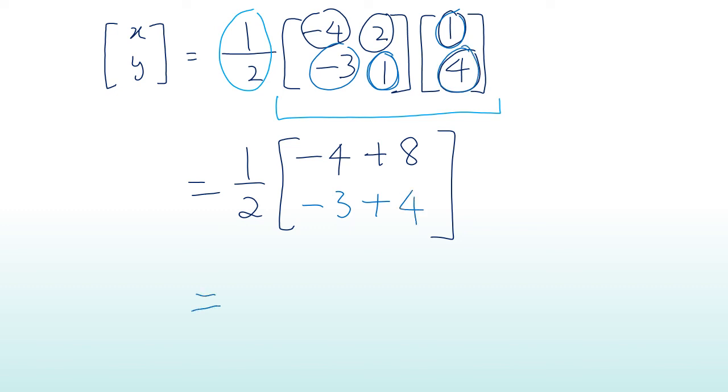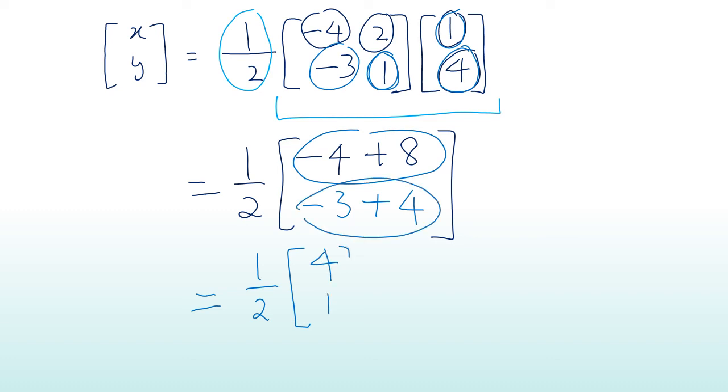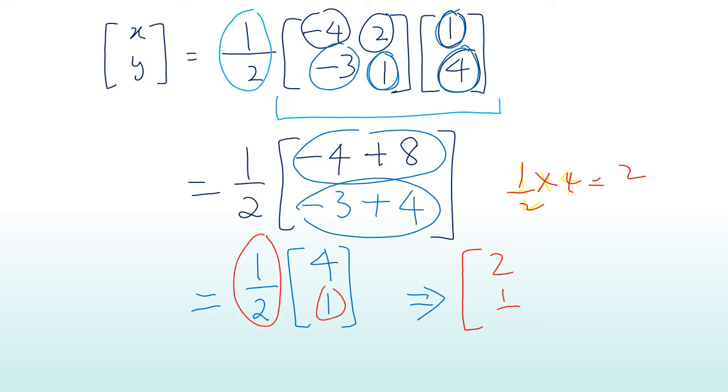So now you will have 1 over 2, this one you get 4, this one you get 1. Then now you can multiply it with 1 over 2. 1 over 2 times 4 is 2, so you'll get here 2. 1 over 2 times 1, you'll get 1 over 2.